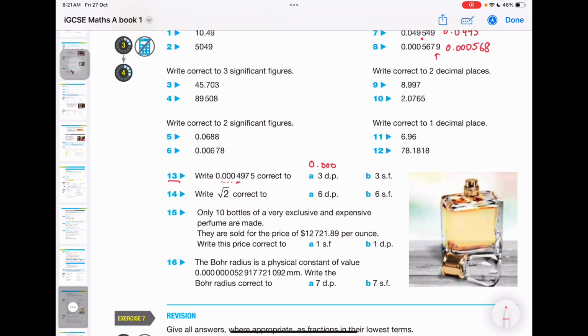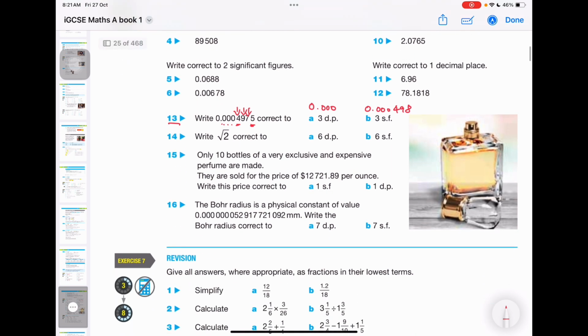On the other hand, we are looking at 3SF. For 3SF, we ignore the 3 zeros in the front and we start counting 1, 2, 3. And we start from the number 5, the fourth significant figure, to determine the rounded value. In this case, it's 5, so we round it up, so 0.498.